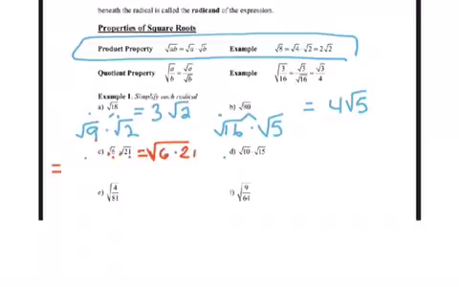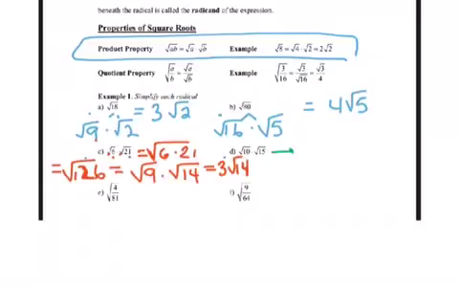So that gives me the square root of 126. Now, I know that that is divisible by 9, so I get the square root of 9 times the square root of 14, which is 3 square root of 14 altogether. 14 cannot be simplified any farther because it doesn't have any perfect square factors.